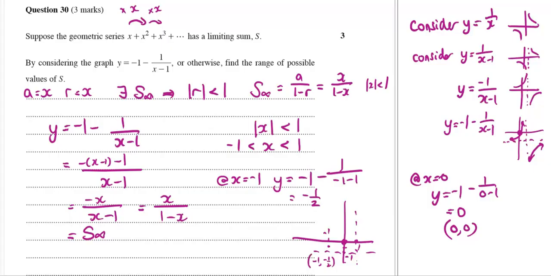And for x more than that, it's going through the origin and then approaching that asymptote. So we actually do have a constraint on s, because s only applies for x in that range, then we can say that the infinite sum is going to be bigger than minus a half. And that's my answer.